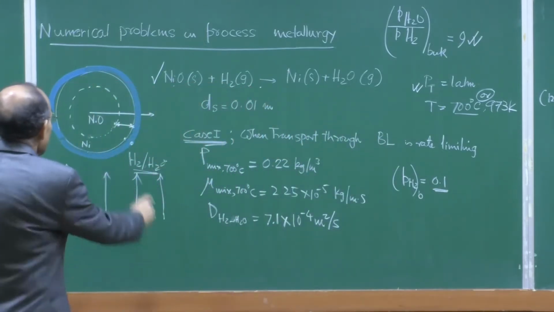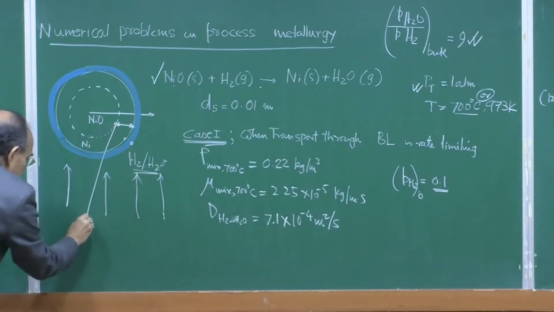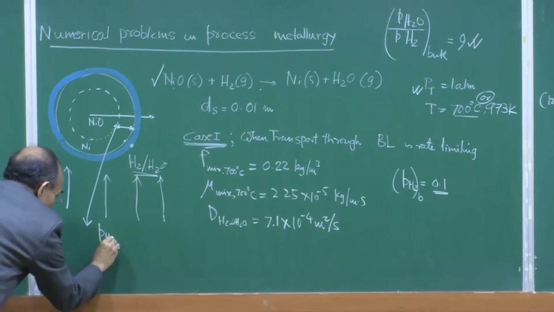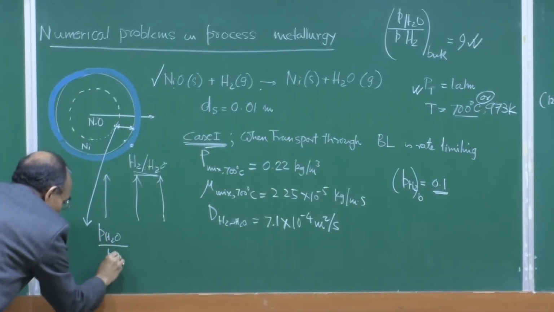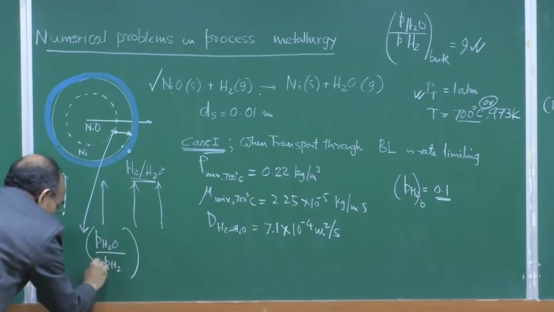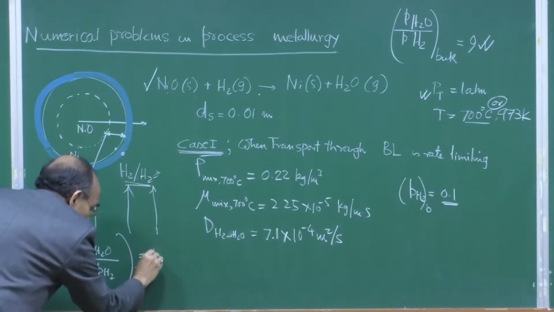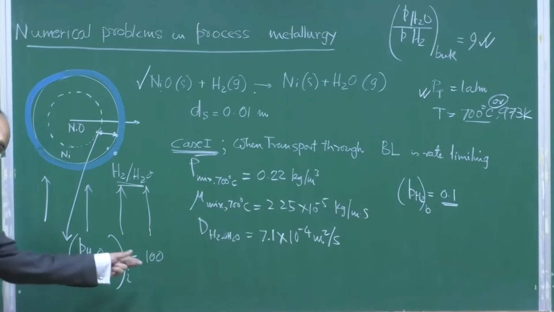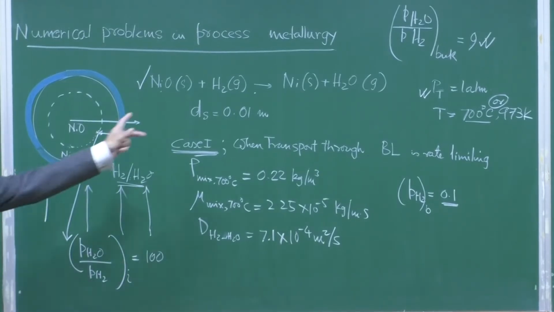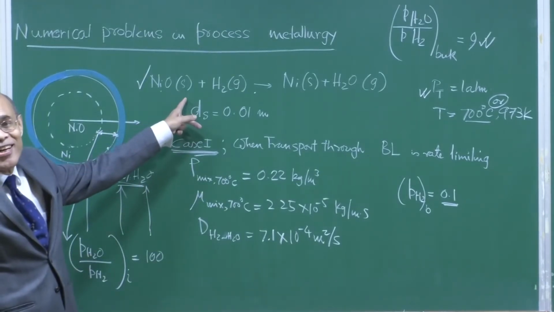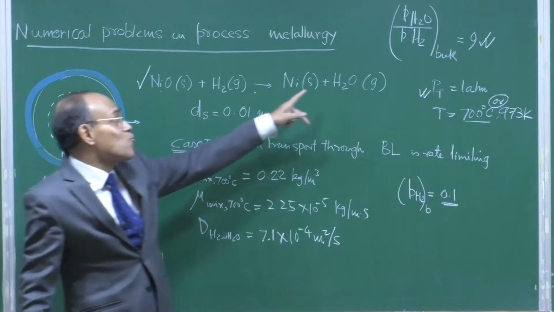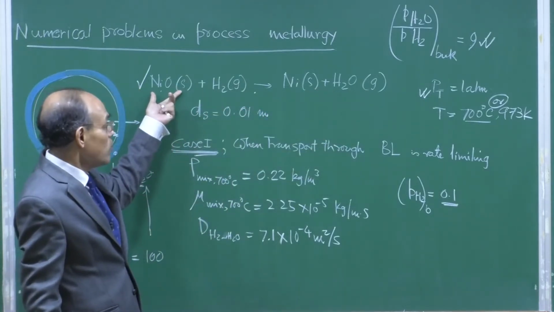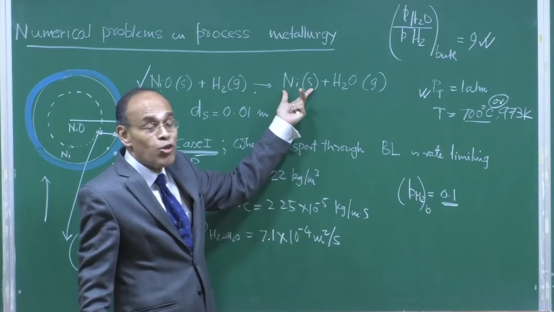Also, it is given that at this particular interface, the equilibrium value corresponding to this, pH2O by pH2 at the interface is equal to 100. These values are given. This value can be obtained easily. The moment we put delta G naught is equal to minus RT ln K, we will get pH2O by pH2, because the activity of nickel oxide is solid, 1, and activity of pure nickel is 1.